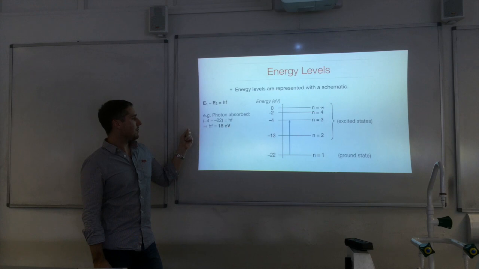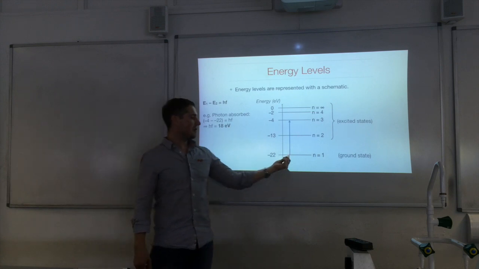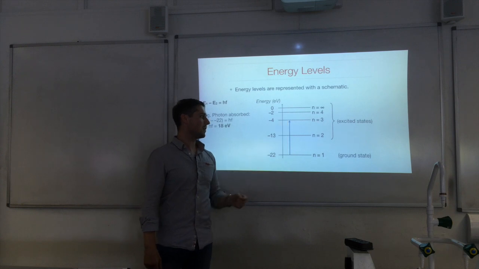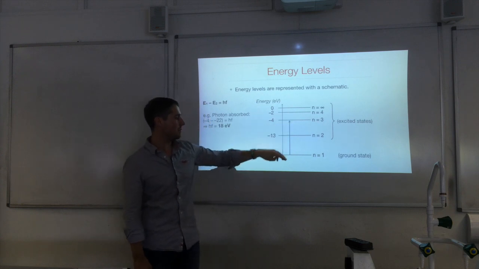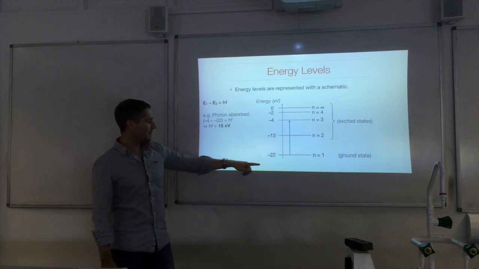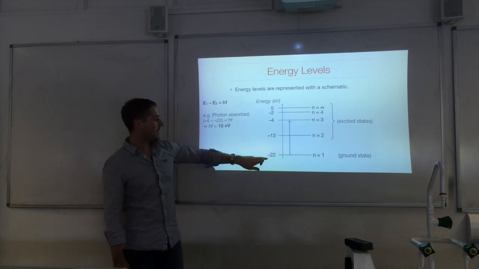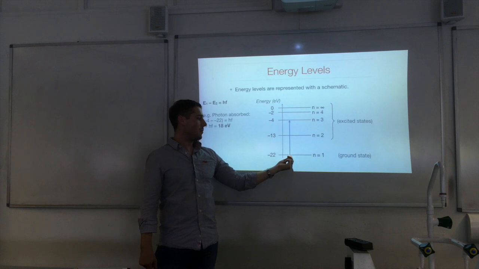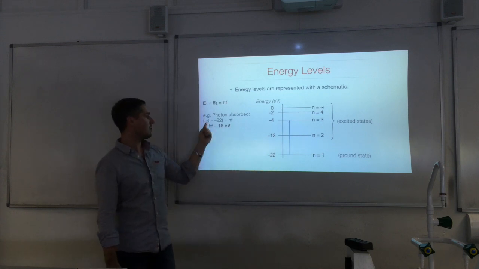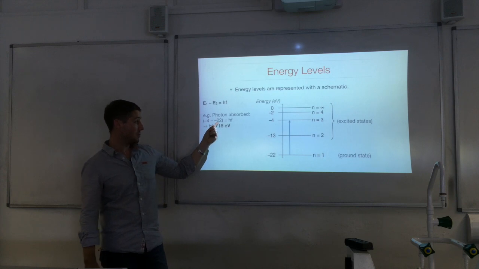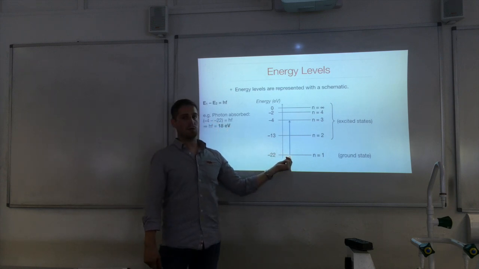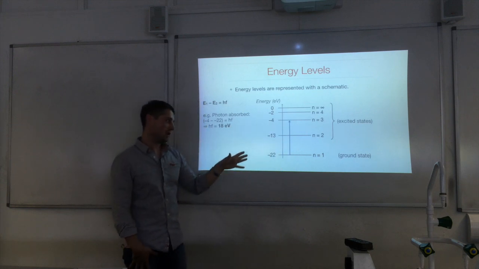The photon causes the electron to move from this ground state to n equals 3, the third energy level. So E1 is -4, E2 is -22. So the photon has to have energy equal to -4 minus -22, giving us 18 electronvolts. So that photon had 18 electronvolts worth of energy.